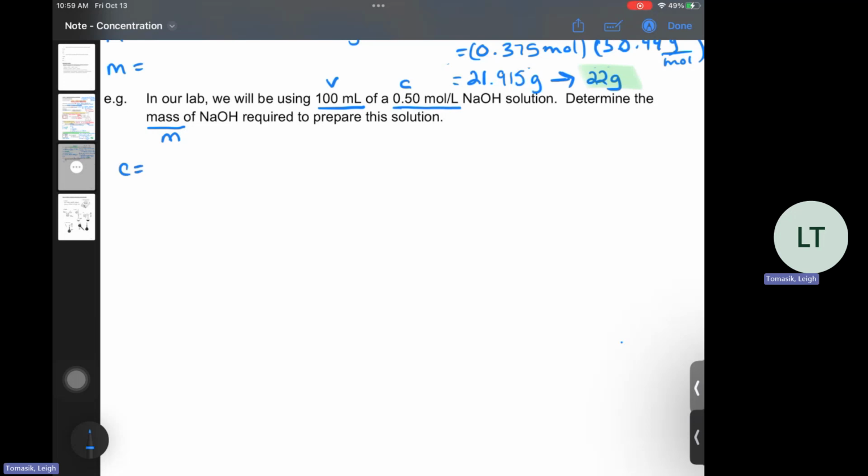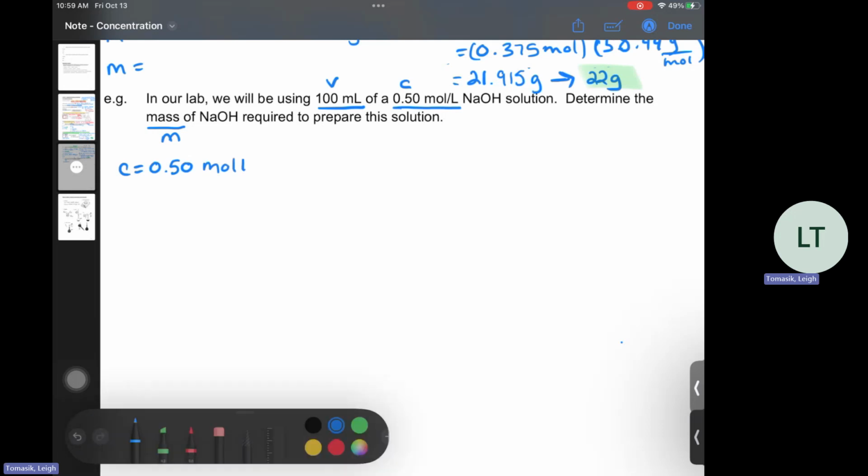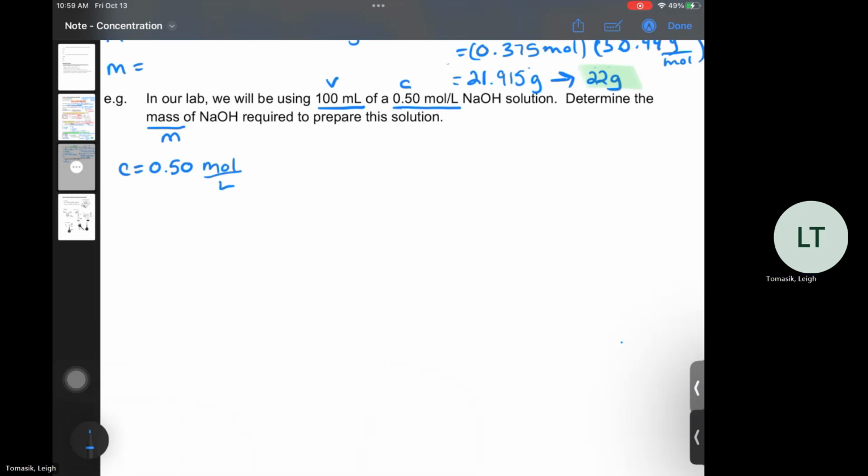So mass is lowercase m. So we have C, which is 0.50 moles per liter. That's in the correct unit, so I don't have to convert that. Volume is in 100 milliliters, so I have to use the conversion factor to put it in liters. Making sure we say this is exactly 100 mils, so we make the decimal point there, so that this has 3 sig figs.